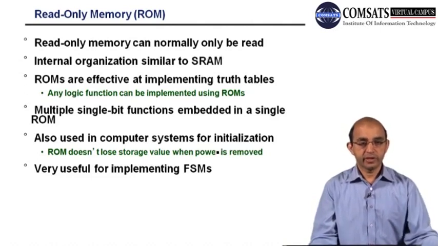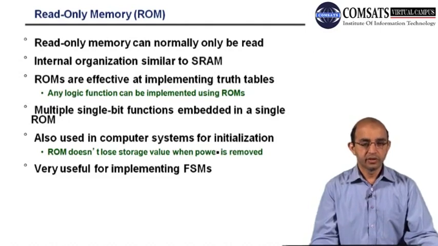And actually the ROMs are the implementation of the truth tables. If we have a Boolean function, we can draw the truth table from that Boolean function, or if we have a truth table, we can also have the Boolean function.